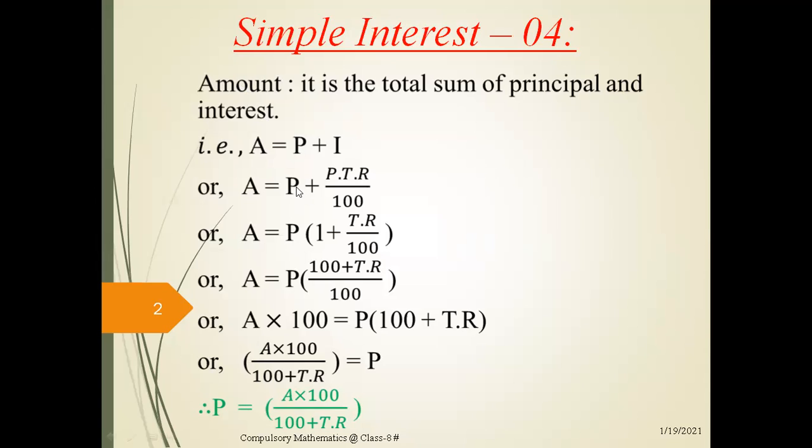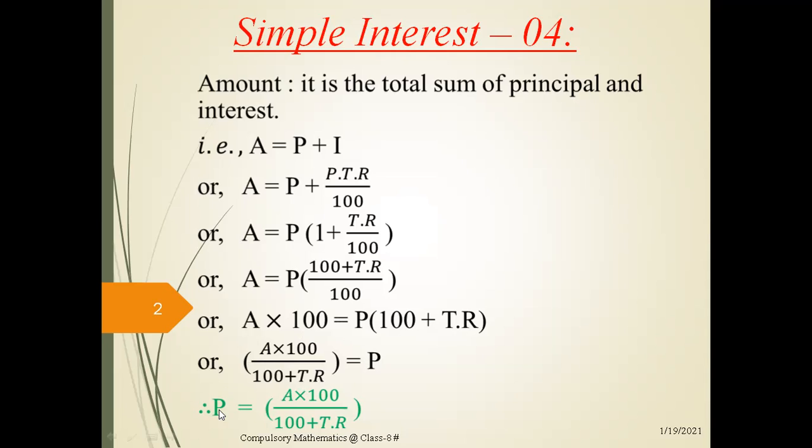If you take P common, what is left is 1 and T into R by 100. The LCM of 1 and 100 is 100, so we get 100 plus T into R by 100. If you cross multiply, 100 goes to the other side to multiply with A, and here remains P into 100 plus TR. Then 100 plus TR goes to this side, and only P, the principal, remains.